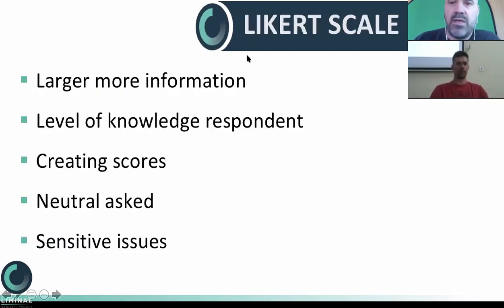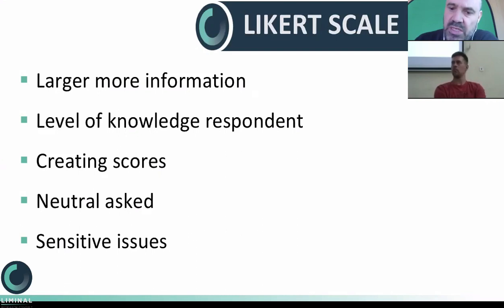Okay, the Likert scale statements, just quickly on that, how large must the scale be? The larger the scale, the better statistically, because you have more information. So a 7-point scale is better, but people must be able to understand it. That's why a 5-point scale is used a lot, because people are comfortable with it and know what to answer.